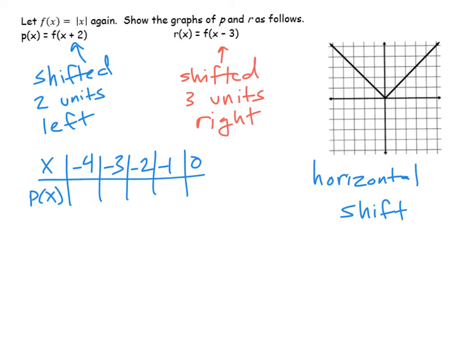Okay? And now what we're going to have here would be -4. Right? That's P of x, right? Immediately add the 2 to the x value. Well, it's inside the absolute value, whereas with the vertical shift, it was on the outside. But now it's on the inside.